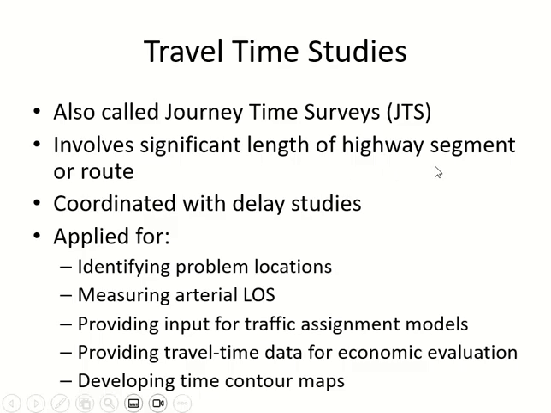For spot speed, we have a limit on the length. It must be a spot or a short length of the highway. But journey time or travel time cannot be done for short distances.